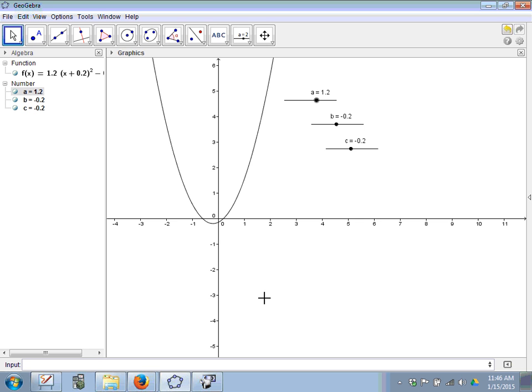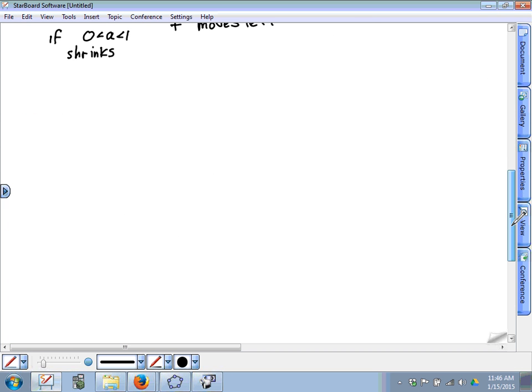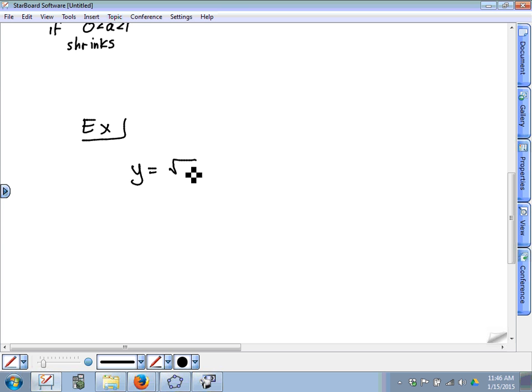You with me still? So all you're going to see on your homework, 4.8, is super easy. For an example like this, it's going to give you something like that and ask you to choose the correct graph out of four choices.